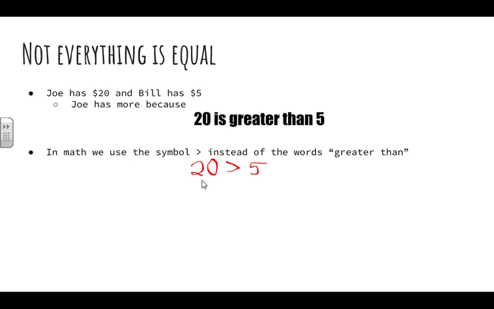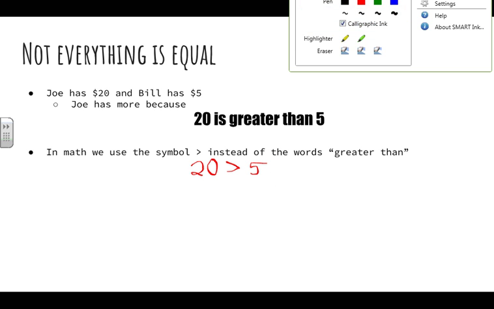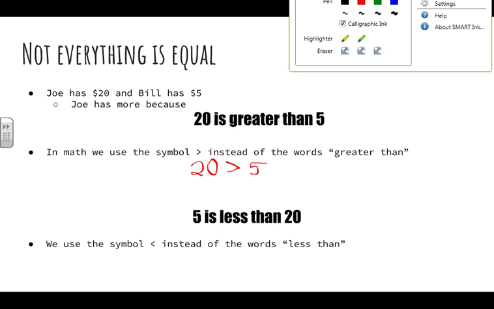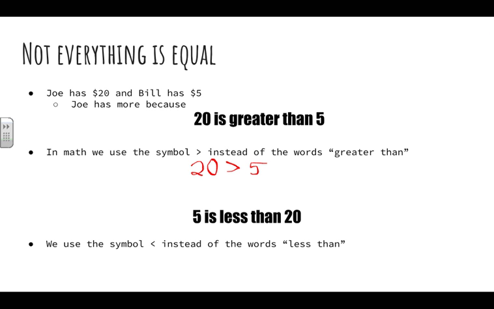Just like in reading, we go left to right. And the flip side of that, 5 is less than 20. So in math, we would use this symbol, which is simply the greater than symbol flipped around. And we would write it like this: 5 is less than 20.